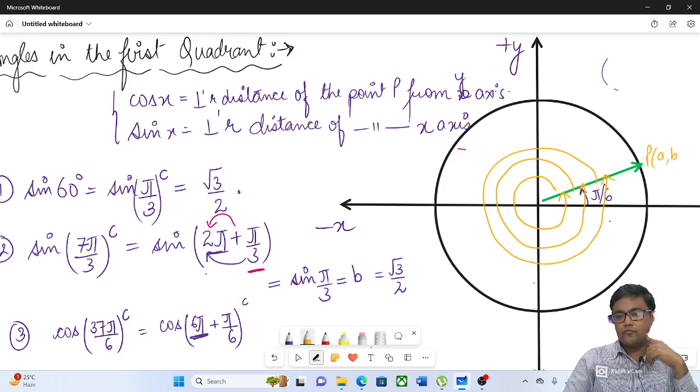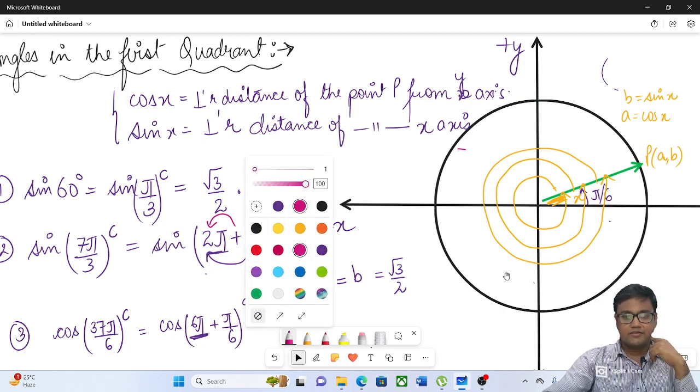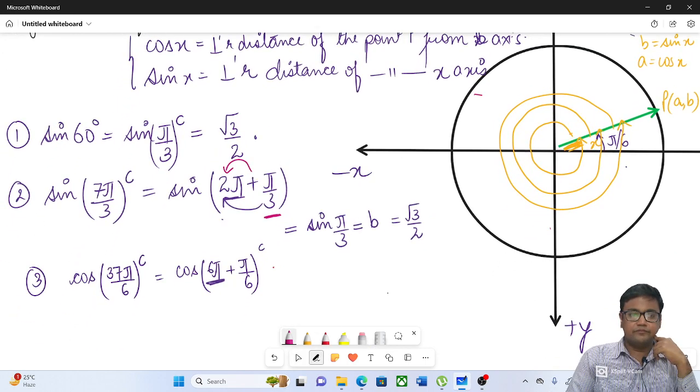The coordinates of that point P can be written as a comma b only, right, where a is cos of x, this highlighted angle is x radians, right, cos of x, and b is, children, sin of x. So you are back on the same point on the circle. So writing cos of 6 pi plus pi by 6 is the same as writing cos pi by 6.